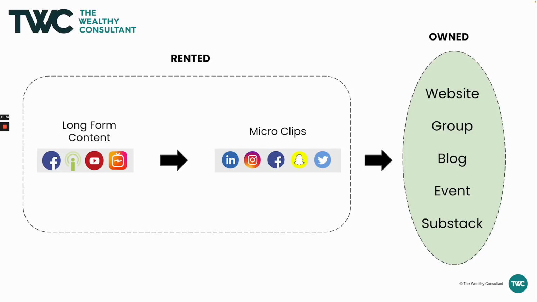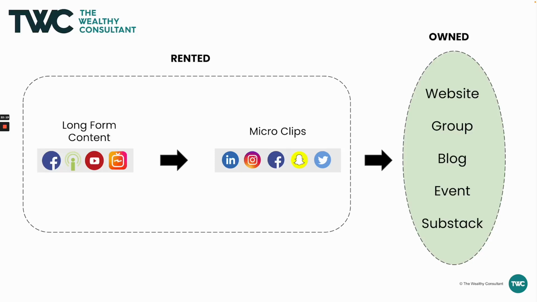All right. Now, those pieces of micro content can also point right back to the long form content. For example, you shoot a long video on YouTube. You have that long video chopped up into micro clips across multiple social platforms. Those social platforms can point right back to the video on YouTube.